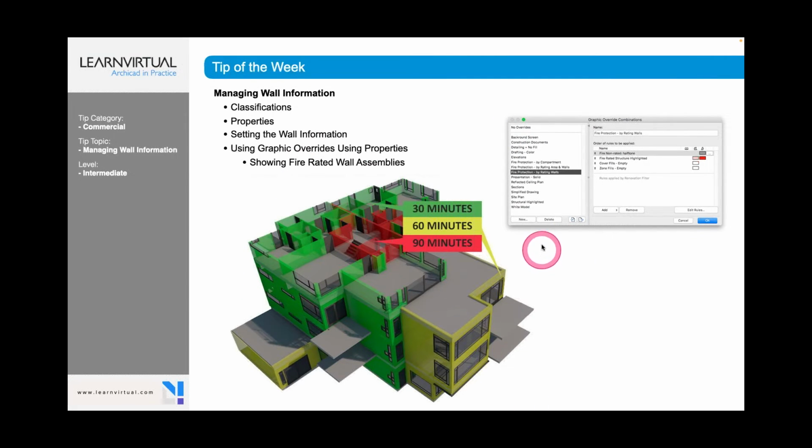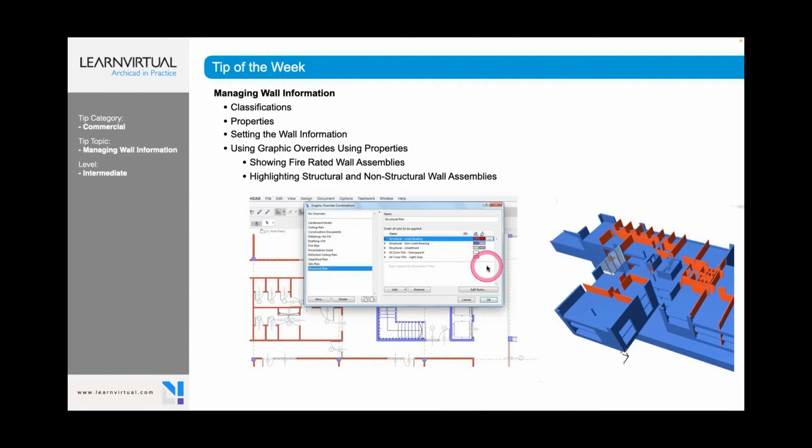It's all the same wall, but the properties are different. And then we can use those properties to create a rule that says any wall that has the property of a 90-minute fire rating is going to turn red. Okay, and that's how we start controlling the information that we're seeing.